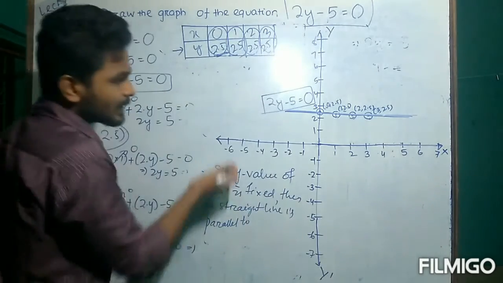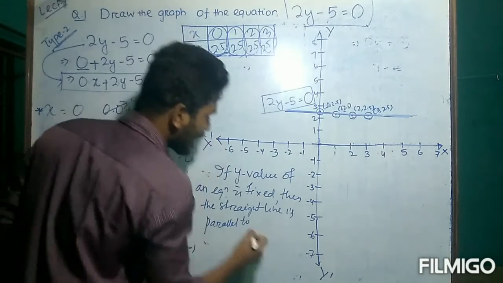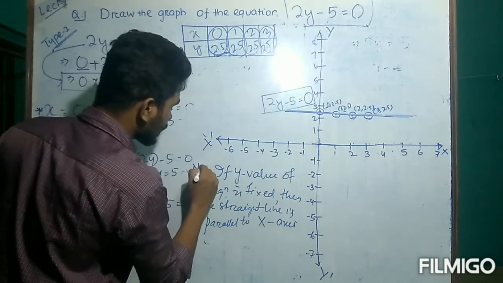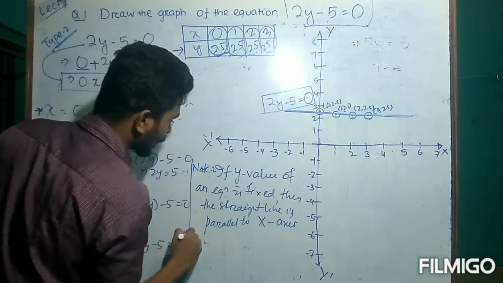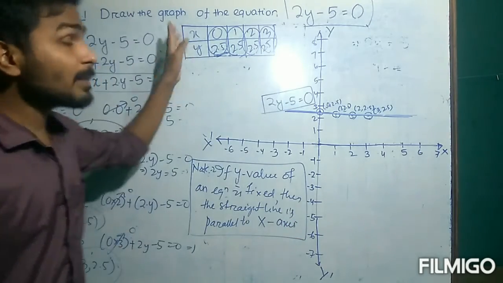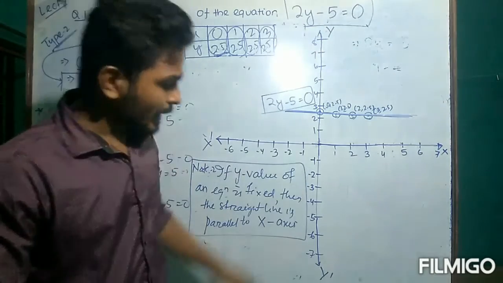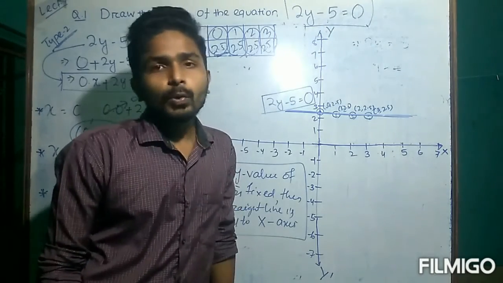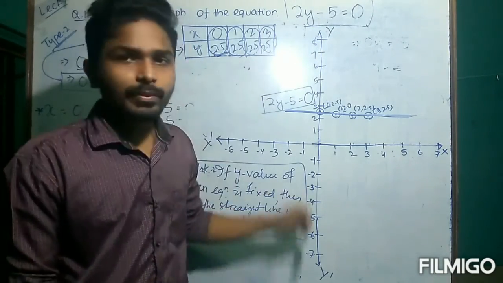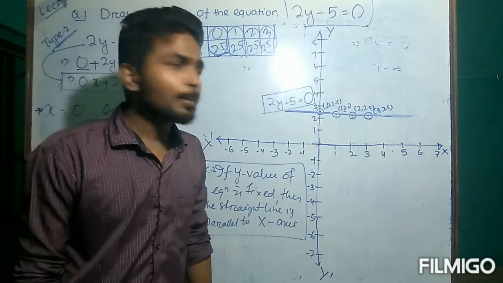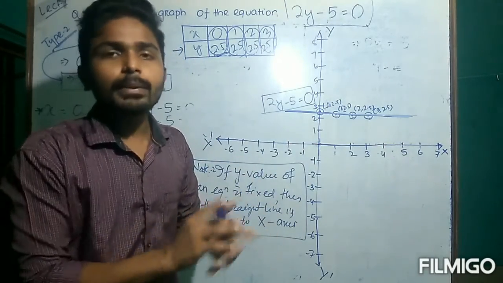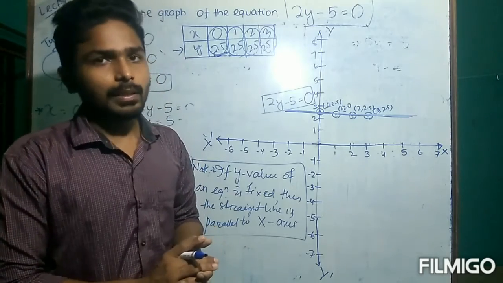To the horizontal axis. That horizontal axis is known as the x-axis. Okay, so this is your note 2. In note 1, you concluded that if the x value is fixed, then that straight line is parallel to which axis? Y-axis. But here you get that if the y value is fixed, then the straight line is parallel to which axis? X-axis. So the two notes converge with each other.